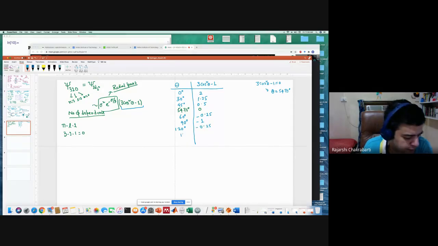What about 135 degree? It is 0.25. And then 150 degree, what is the value? It is 1.25. Then 180 degree, it is 2.